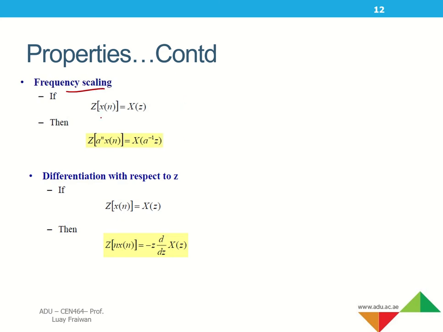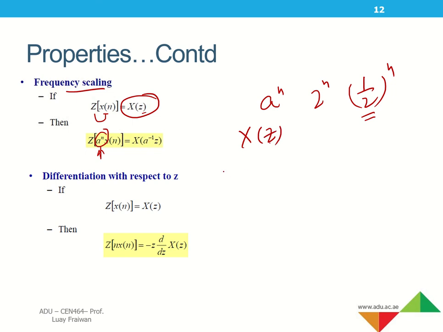The third property is frequency scaling. If a signal has a Z transform of X of z, and we multiply in the time domain with an exponential signal, for example a to the power n, 2 to the power n, or half to the power n, then in the frequency domain we take the same original Z transform and just replace z with z over a, whatever the frequency scaling factor is.